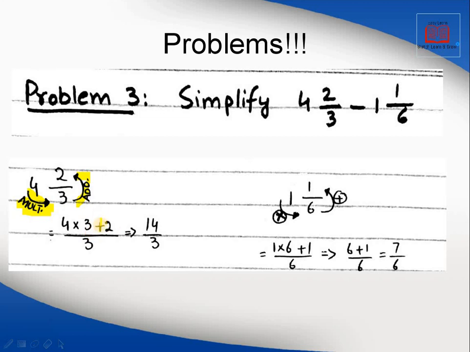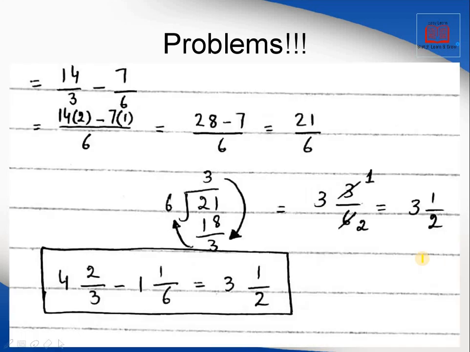Using the BODMAS rule, 4 multiplied by 3 is 12, plus 2 is 14, so 14 by 3, the denominator remaining the same. Solving the other the same way, 1 multiplied by 6 plus 1 divided by 6, 6 plus 1 equals 7.